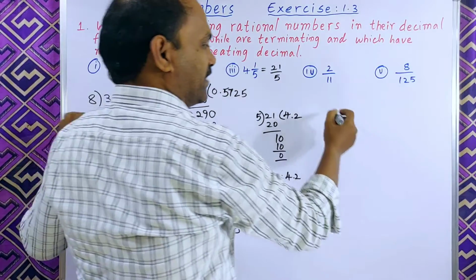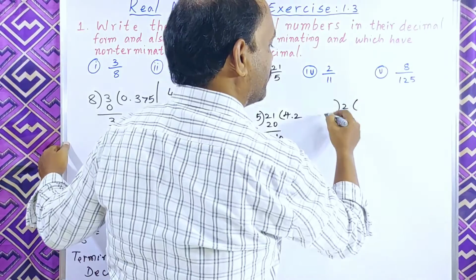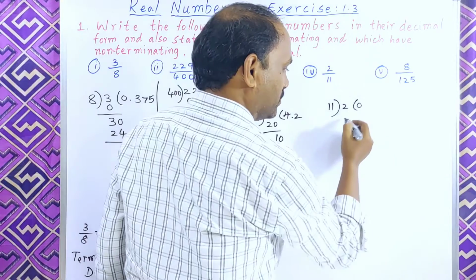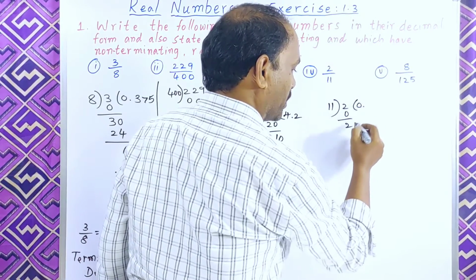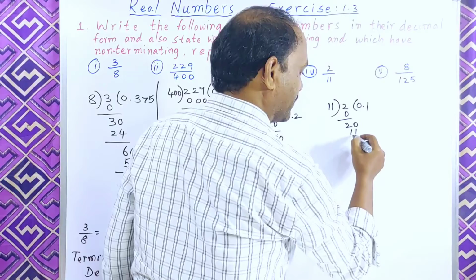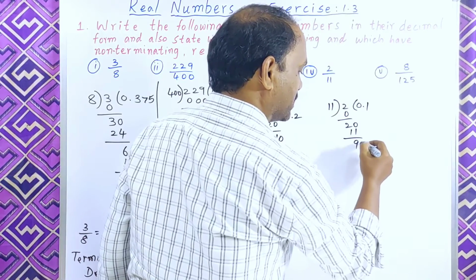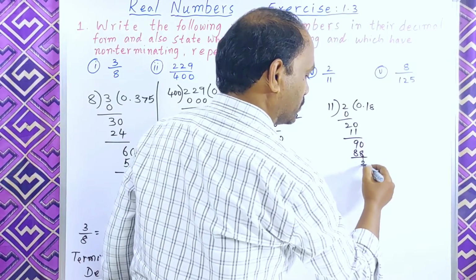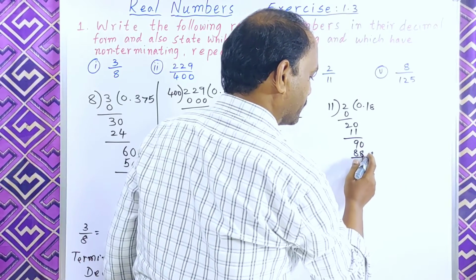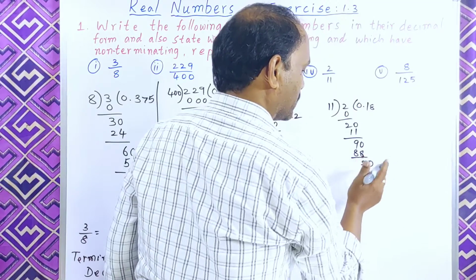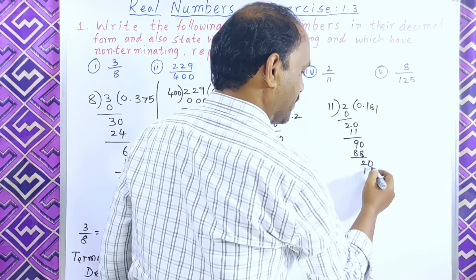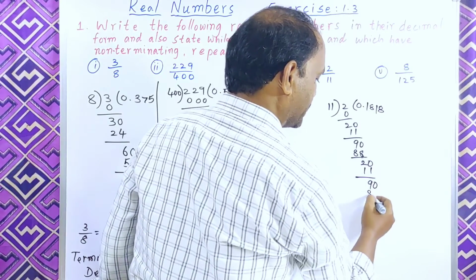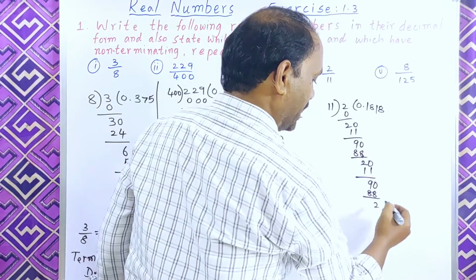Okay, this one, 2 by 11. 2 divided by 11, 2.0. 11 ones are 11, here 9 0, 11 eights are 88, 2 0. Now again 11 ones are 11, again 9 came 0, 11 eights are 88, and then it cannot end.